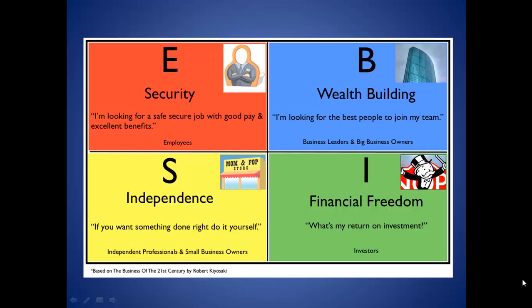So let's take a look at the 4 different quadrants and what types of people may fall into these categories. As an employee, or the E quadrant, the upper left, people are typically looking for safety, for job security, for benefits, and typically some form of retirement benefit as well.